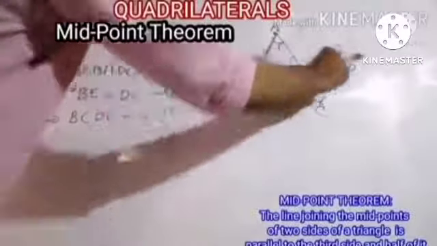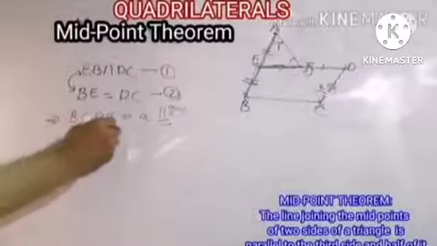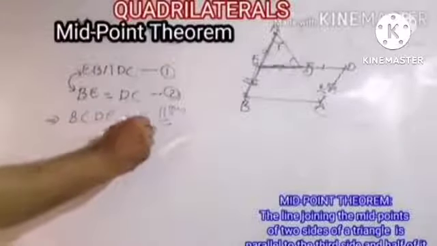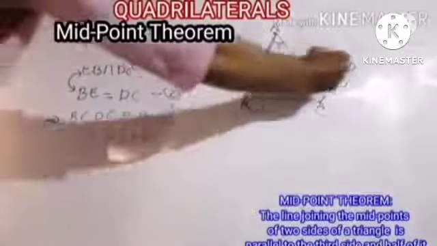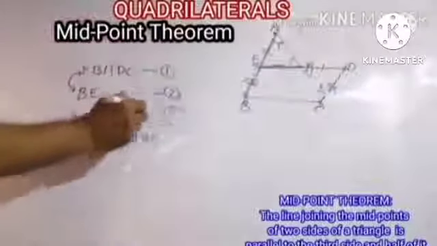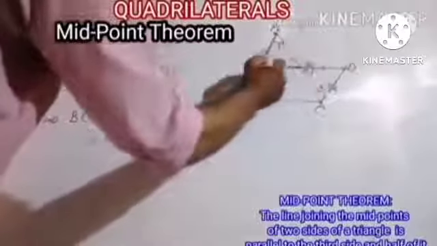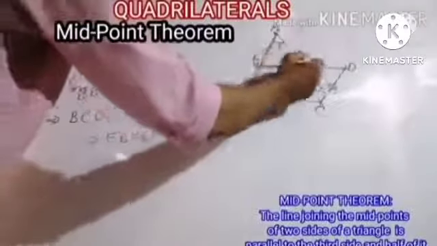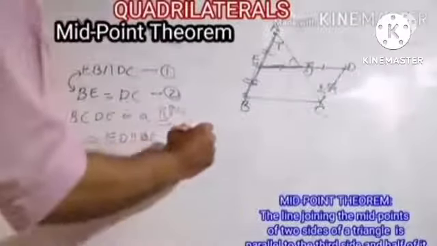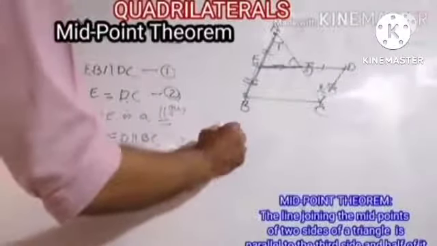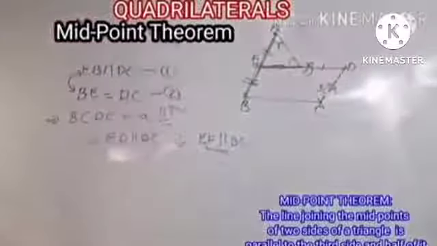Then we have ED parallel to BC, opposite sides of this parallelogram. When ED is parallel to BC, we can say that EF is parallel to BC because EF is a part of ED. So hence proved, EF parallel to BC.